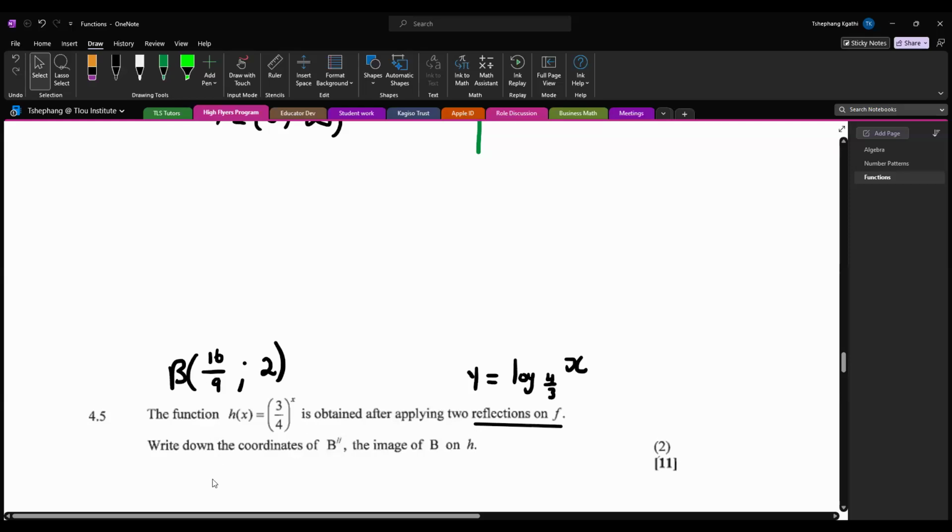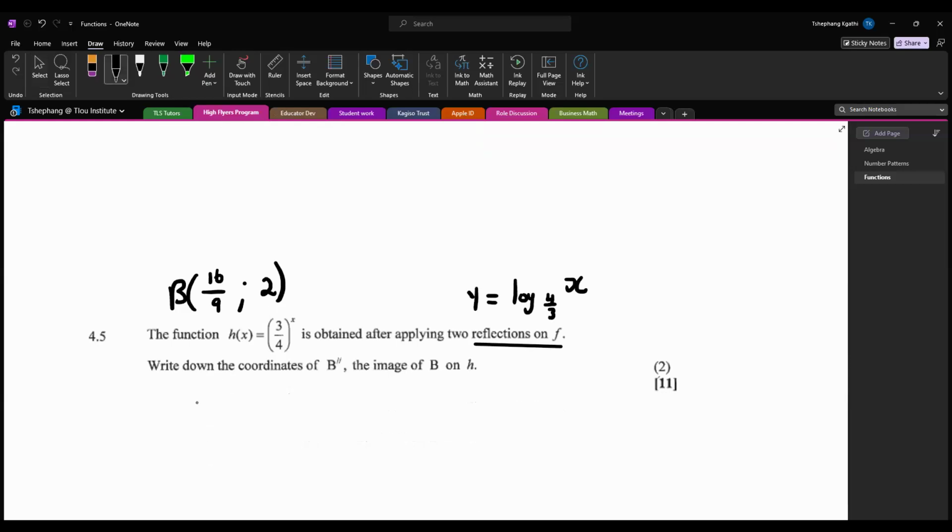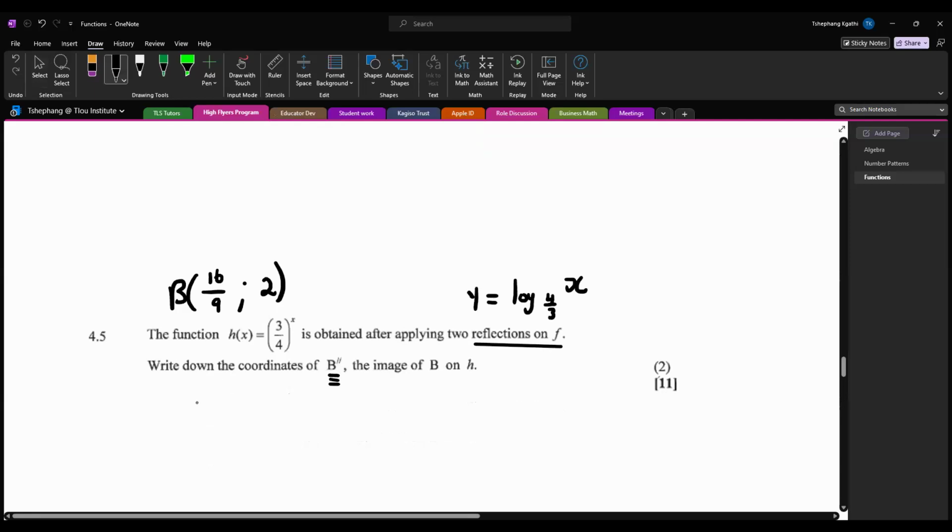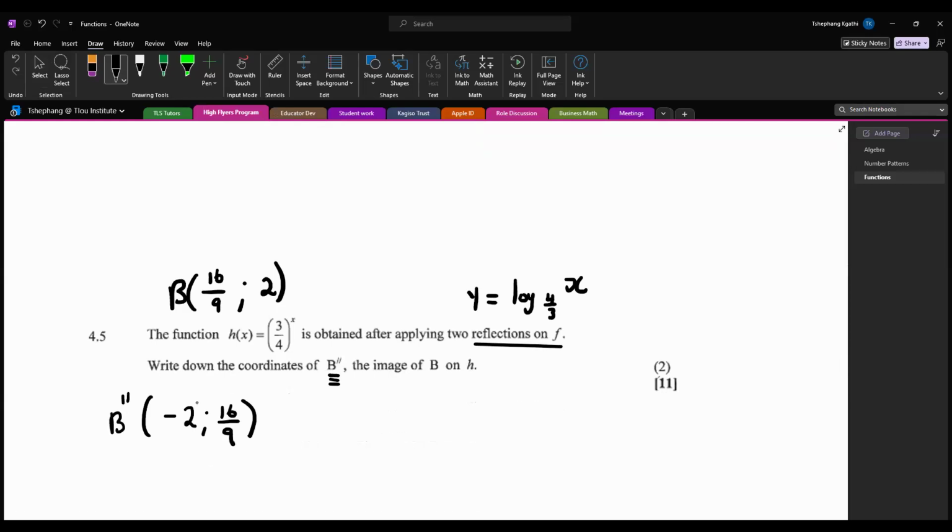If you do your reflections twice, you will see that the image of B, there isn't a calculation for this one as it's 2 marks, you'll see that the coordinates of B prime prime are going to be -2 and 16 over 9 because of us reflecting it 2 times. Simple as that. That is how we get the image of B.